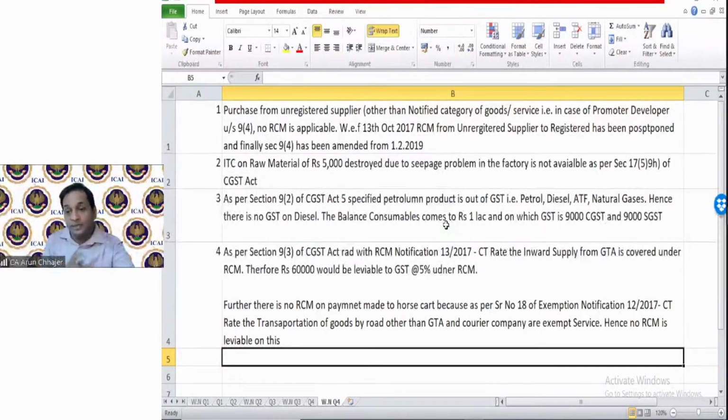Whether RCM would be applicable because it is a motor vehicle? The answer would be no. Why no? Because as per this exemption notification, if the supplier is not the GTA or the courier company, then such transportation would be exempted. What is the meaning of GTA? GTA means the person who is transporting the goods by road plus who issues the consignment note.